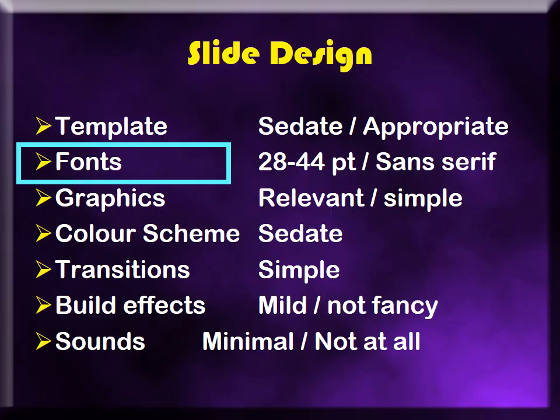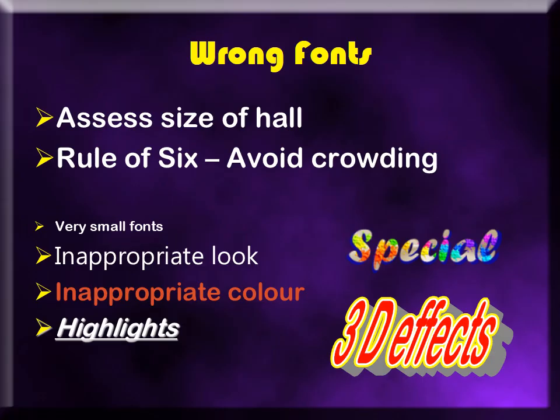Fonts must be generally sans serif, that is the opposite of what you find in print material. It must be of an appropriate size. 28 to 44 is the usual size that we use for an average audience of 100 to 300. So you have to necessarily assess the number of people and the size of the hall.